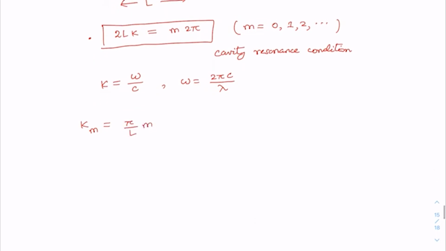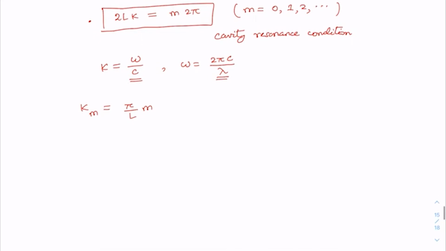Then using either omega or lambda, we can have the cavity allowed wavelengths as lambda_m equal to 2L divided by m. In terms of frequency also we can write, because omega is equal to 2 pi nu, so nu_m, the allowed frequency, would be m into c divided by 2L.